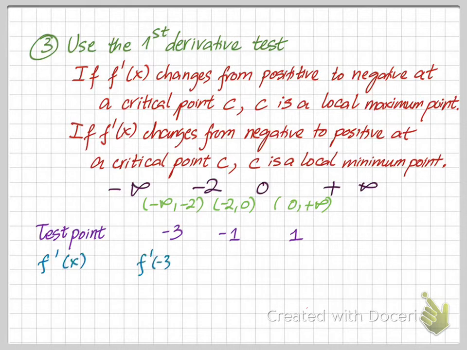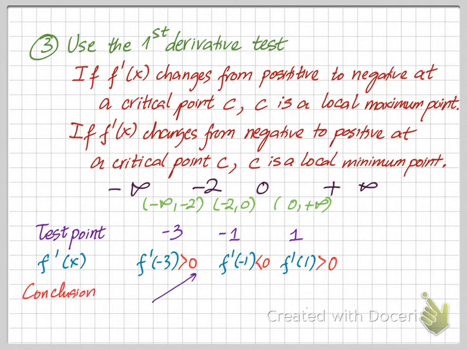And then I evaluate the first derivative at each test point, f prime of -3, f prime of -1, and f prime of 1, to find the sign. I found that f prime of -3 is positive, f prime of -1 is negative, and f prime of 1 is positive. From these test points, I can make conclusions about the behavior of the function f of x.